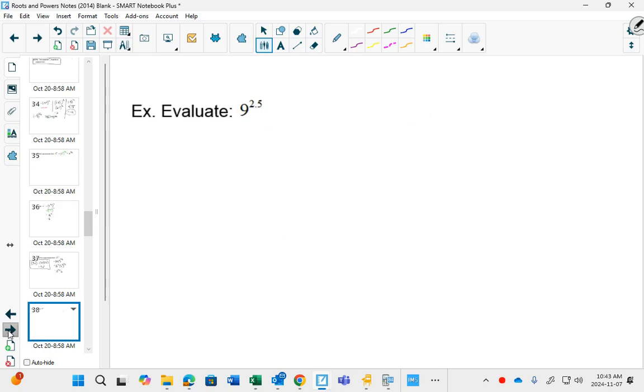You can have decimals as exponents. If you have a decimal as exponent, change your decimal to a fraction. Can you see that 2.5 is 5/2? And then I would do the 1/2 first, and then the 5.